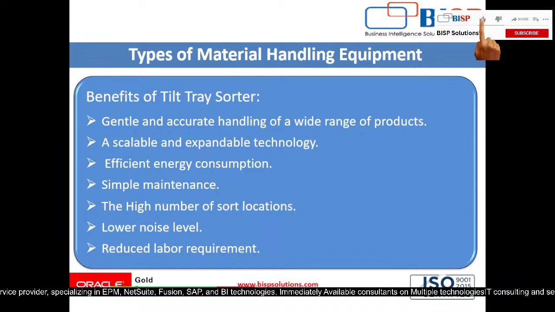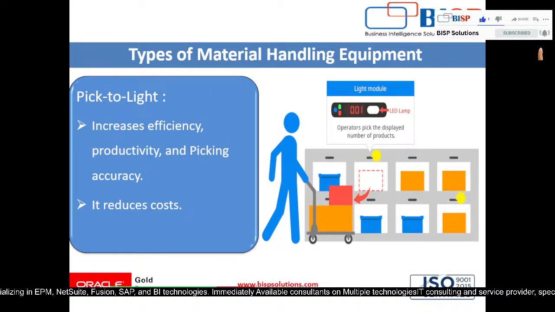Now let's move to the next type of material handling equipment, pick to light, right? Pick to light systems are simple systems designed to streamline your warehouse picking operations, right? The system increases efficiency, productivity and picking accuracy, and simultaneously reduces cost, right?